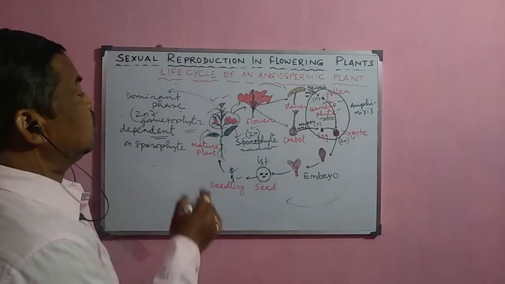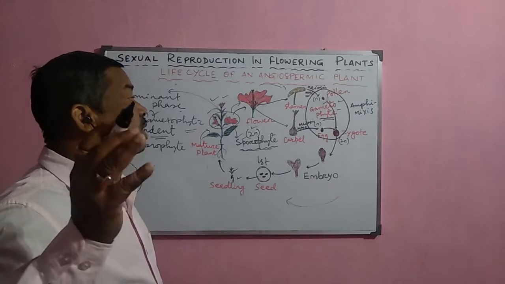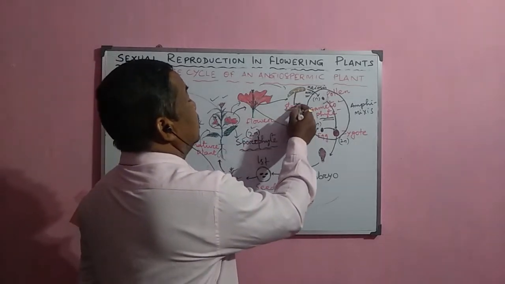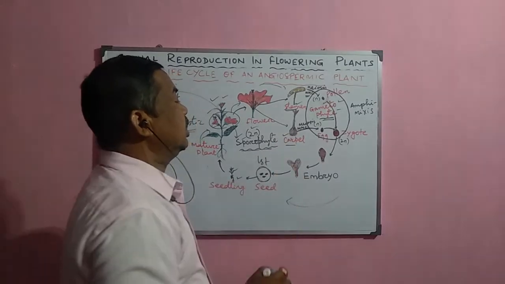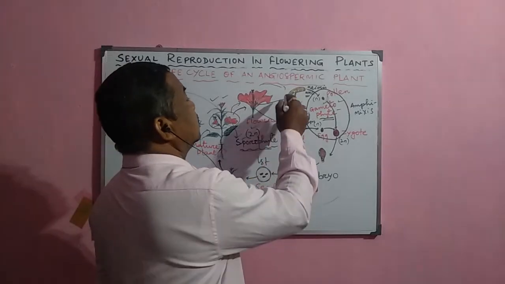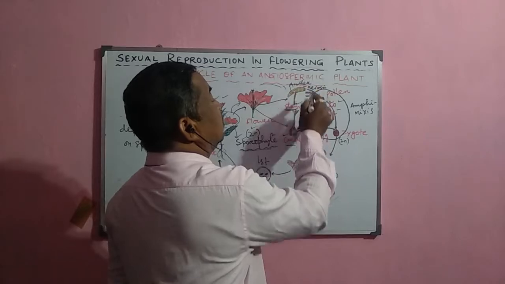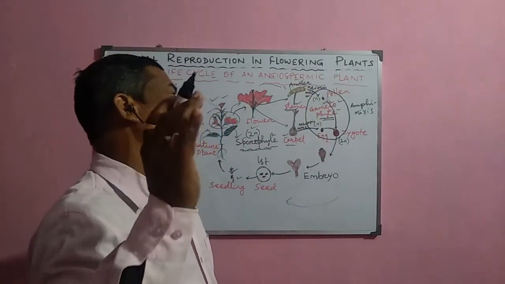This flower contains two important parts: the male part, called the stamen, and the female part, the pistil, whose unit is the carpel. The stamen contains the anther, and the anther has microsporangia, or pollen sacs.